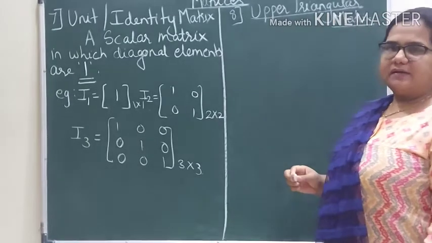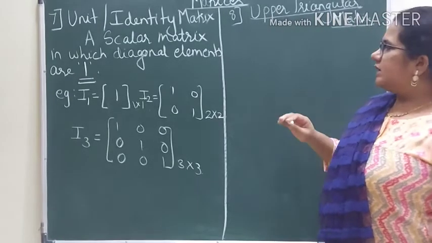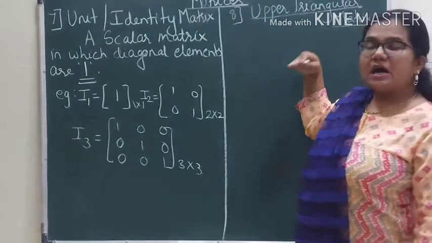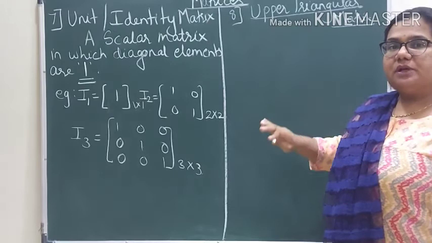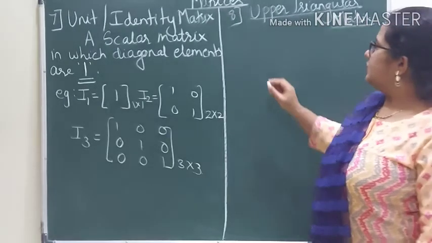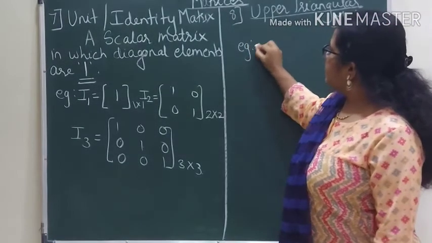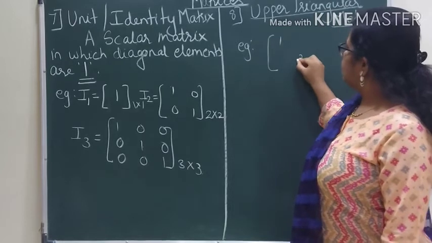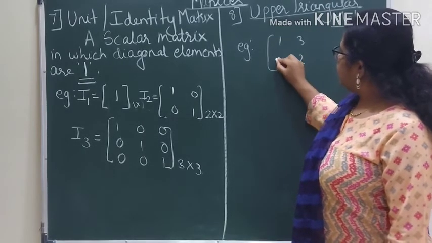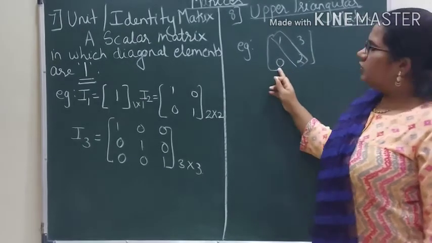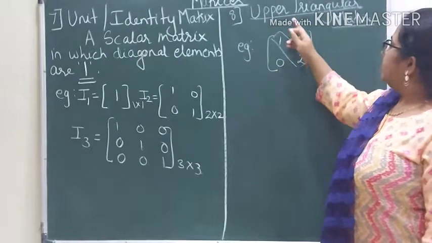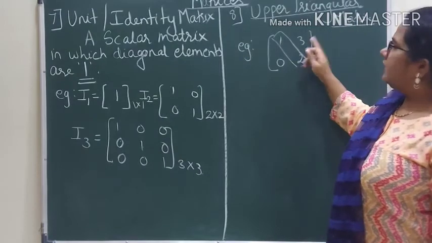A square matrix in which the elements above the diagonal are there, but the elements below the diagonal are 0. Then it becomes an upper triangular matrix. See, 1, 2 suppose, this is 3 and this element is 0. So this is the diagonal, the element below the diagonal is 0. Then it becomes an upper triangular matrix.